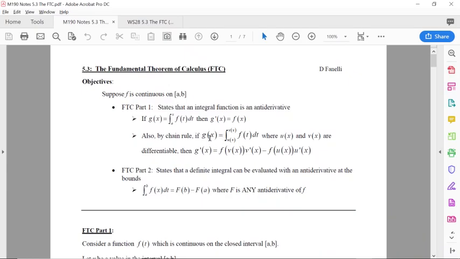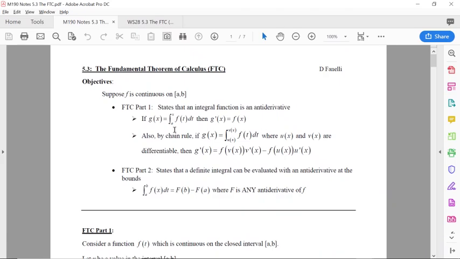If we're given an integral function, such as g of x, and we take the derivative of g of x, that would have to be with respect to the variable x. That would equal the derivative of this integral with respect to x, because you would have to take the derivative with respect to the same variable on both sides. We'll see that the derivative of g, being equal to the derivative of this integral, is going to output a result that is dependent on the chain rule.